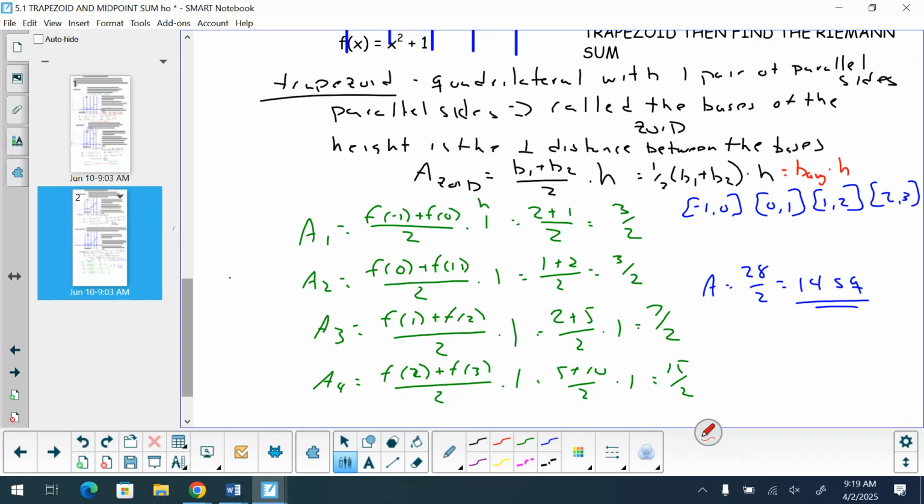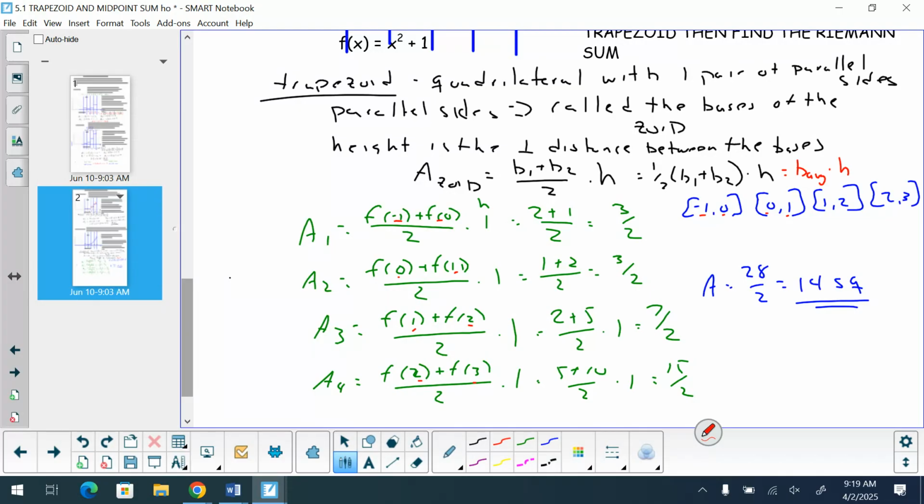My bases, I'm using both of these values, -1 and 0. Then we're using 0 and 1. Then we use 1 and 2. Then we use 2 and 3. So I can look at our subintervals to find the heights, or the bases, basically the distance of the bases. So everything that we did today, you don't really need a graph for.